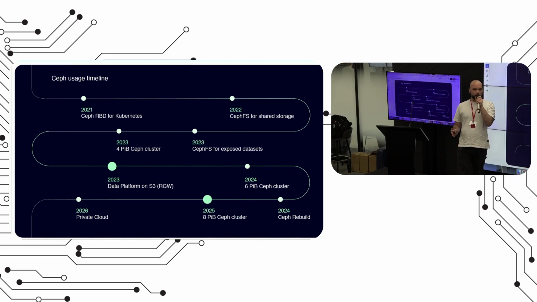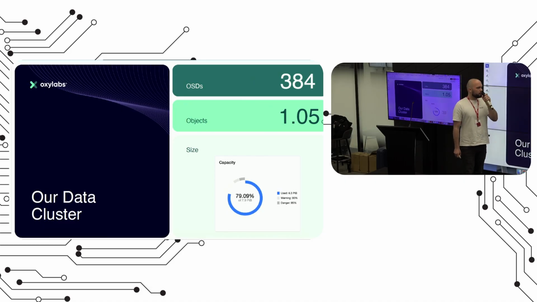We had to rebuild it completely to bring it to an internal network, racks with Kubernetes and Ceph next to each other for good network throughput. And we're looking forward at Oxylabs to introduce private cloud solutions with a bunch of virtualization technologies maybe next year.